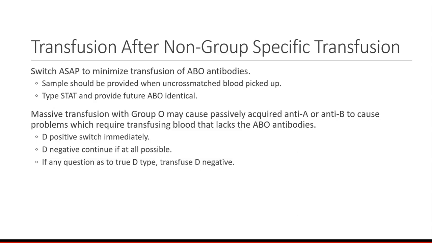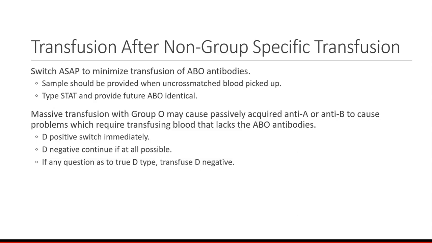Massive transfusions with group O may cause passively acquired anti-A or anti-B to cause problems, which require transfusing blood that lacks the ABO antibodies. What that means, passively acquired: I'm a group A, I'm not making the anti-B. I got the anti-B passively through transfusions of all these group O blood units.